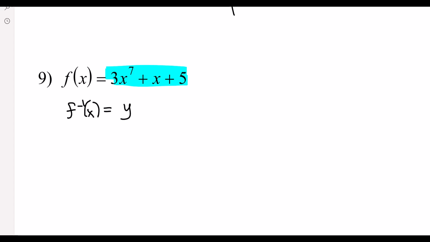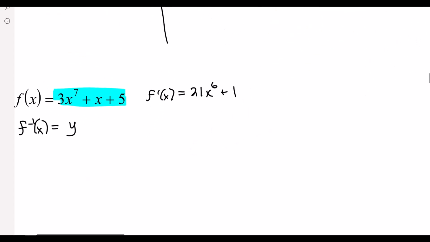All right, but we can find the derivative. It is 21x to the 6th plus 1. All right, so now when we use the formula, remember the formula is 1 over f prime, and then inside there is the derivative, is the inverse function.